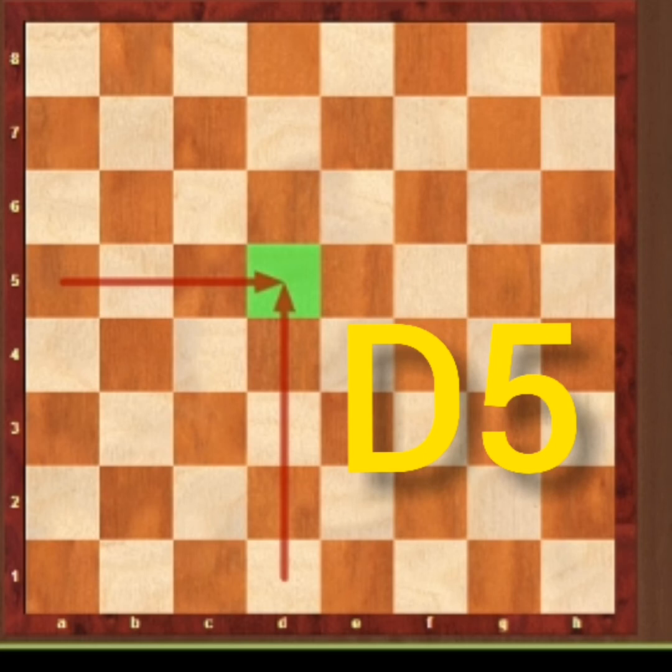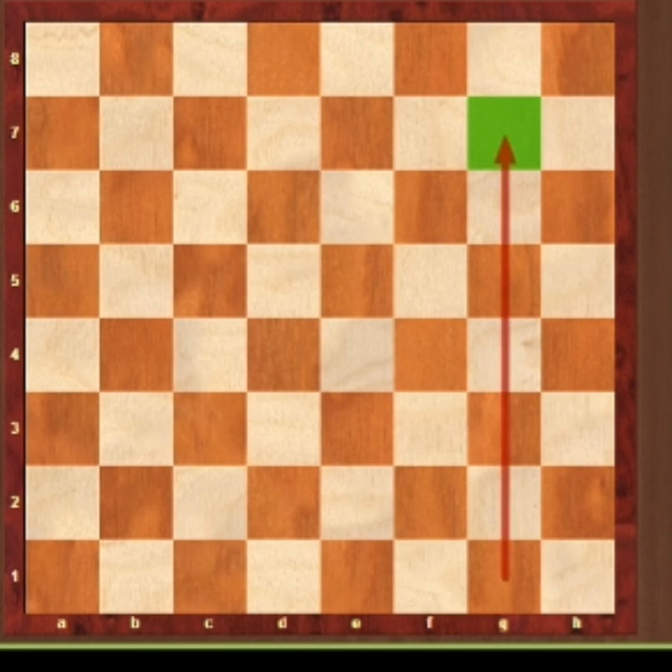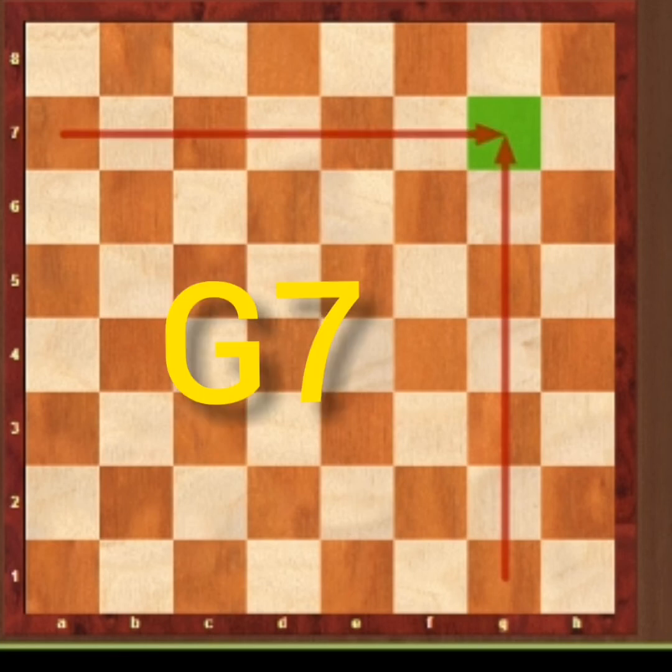Okay, so every single square, you can pick any square you want and test yourself. We'll do one more just for good measure. We'll do this one here, and hopefully you've come up with the answer. G file first, 7th rank, so that square is G7.